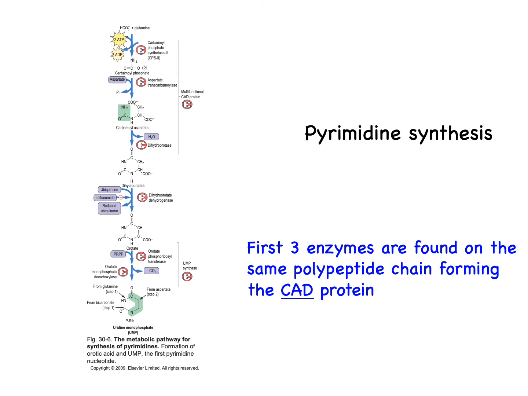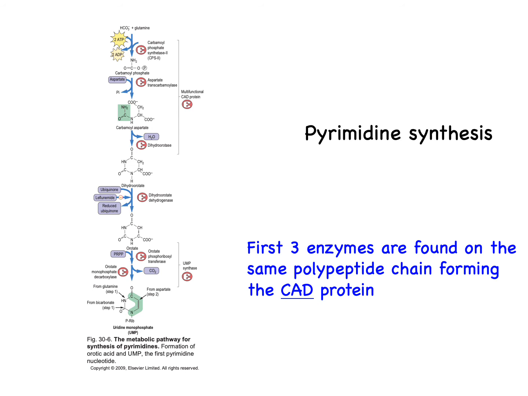And after it was learned that you could select out cells that had extra copies of the gene by growing them in the presence of the inhibitor, that was done with this inhibitor called PALA. And so they amplified up the number of genes for aspartate transcarbamylase.